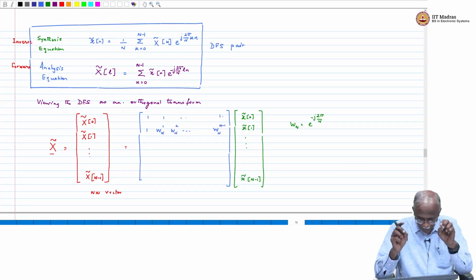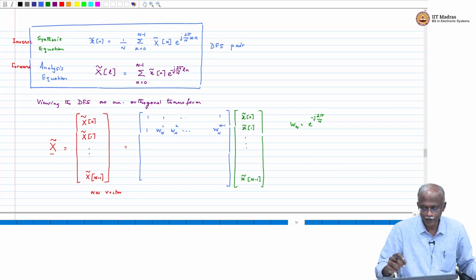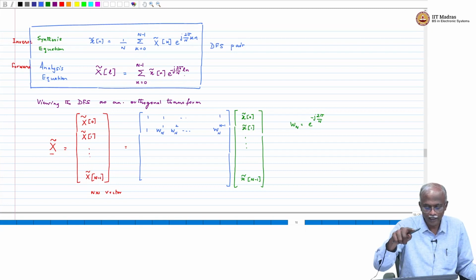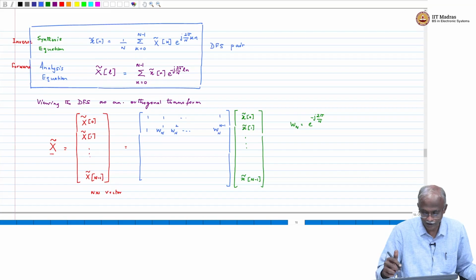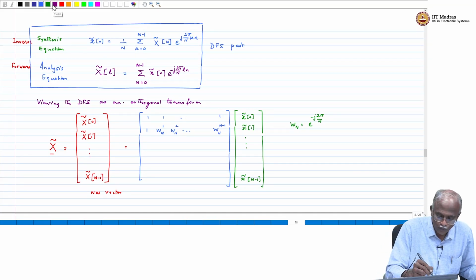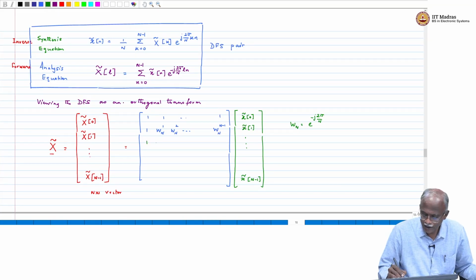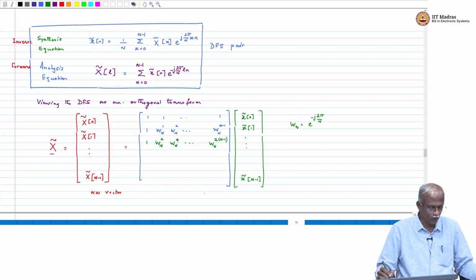Please substitute and verify that the equation you get is the same as the analysis equation. Then the next row will be 1, wn squared, wn raised to the power 4, and the last term will be wn raised to the power 2 times n minus 1.